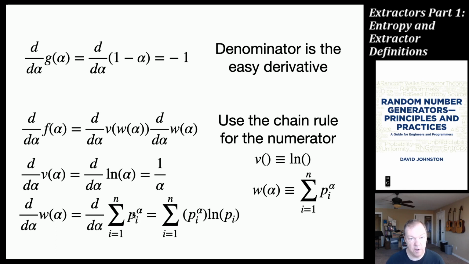The differential of the sum of p to the power alpha is, if you remember your calculus from high school or secondary school, if you're from the UK like me, or wherever you went to school and studied calculus, that becomes the log, and so we get p to the alpha log p in the summation.